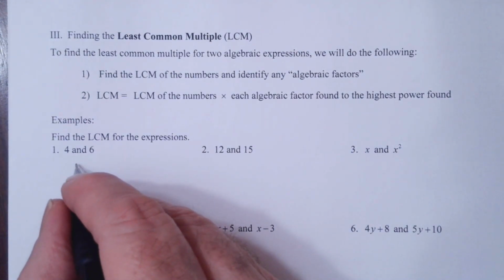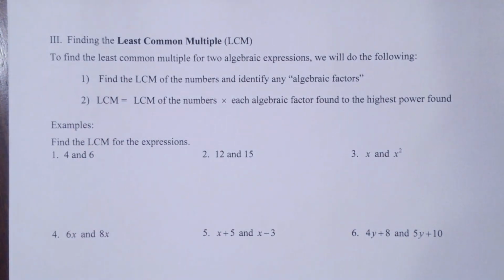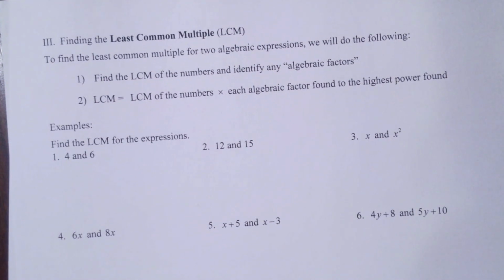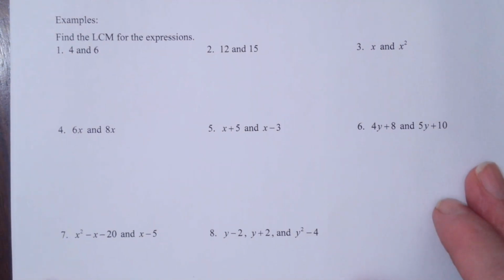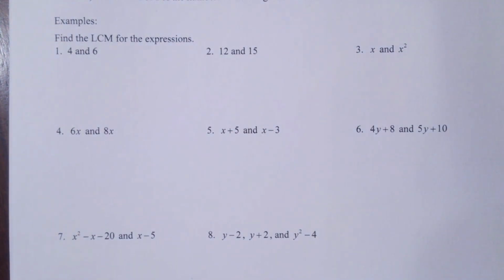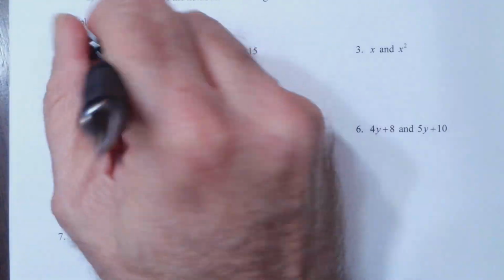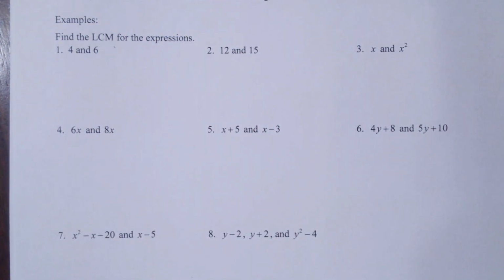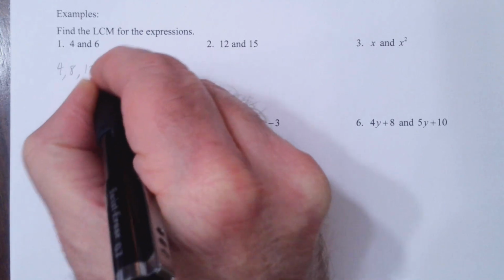So here, these are just numbers. So we want to find the LCM, or the least common multiple, for 4 and 6. All right, so the multiples of 4 are 4, 8, 12, 16, and so on.